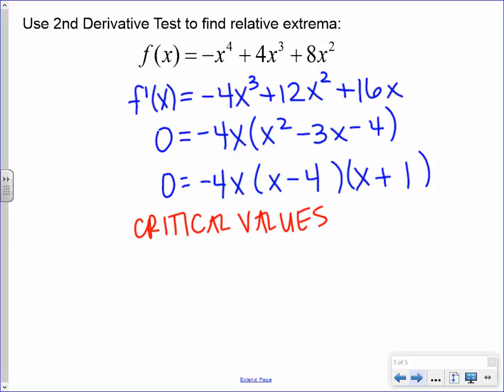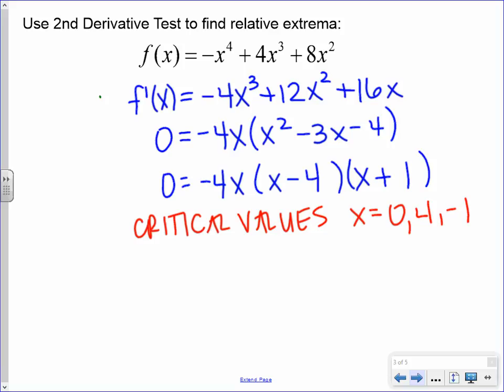So our critical values are x is 0, x is 4, and x is negative 1. Okay? Now, our first derivative test, yes, we would put these on a number line. Okay? But we are talking about the second derivative test, so we need the second derivative.